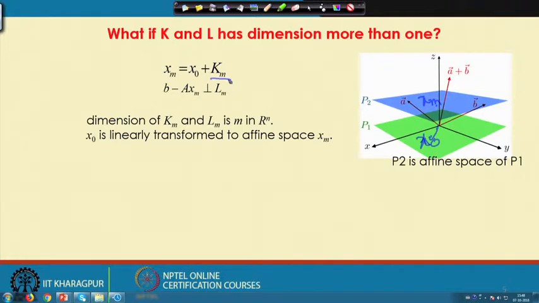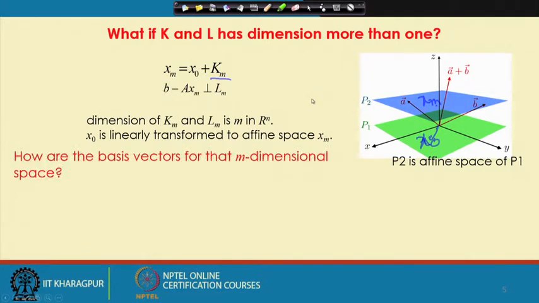Now, the next question will be how are the basis vectors for that m dimensional space? K_m is an m dimensional subspace, and how will be the basis vectors for that? For that, let us go back to the steepest descent type of algorithm.